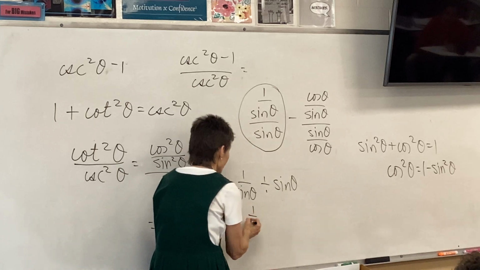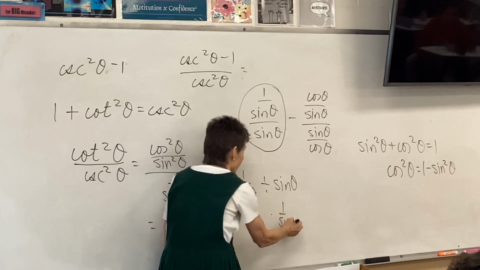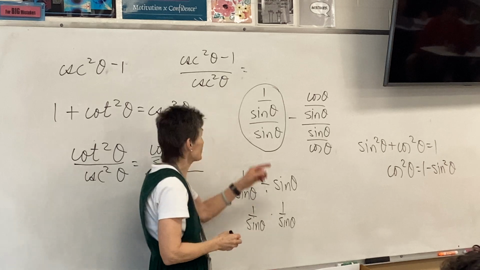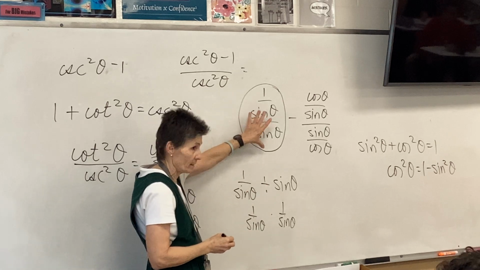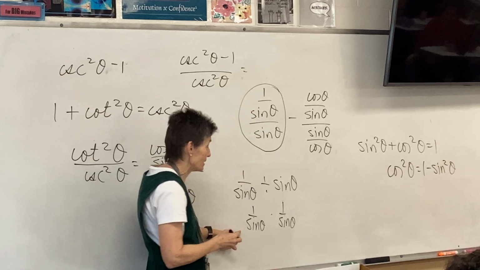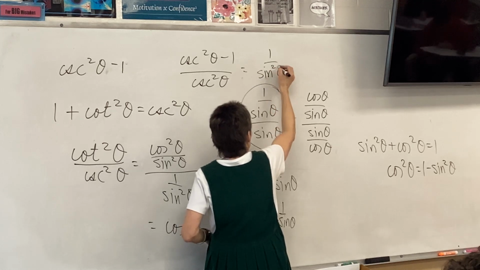That is 1 over sine times 1 over sine. These do not cancel. You can't cancel a denominator with a numerator. This is not 1. What is this? 1 over sine squared. So I have 1 over sine squared.